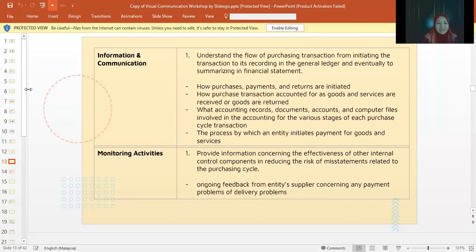In monitoring activities, management needs to provide information concerning the effectiveness of other internal control components in reducing the risk of misstatements related to the purchasing cycle, which is the purchasing process. For example, ongoing feedback from entity suppliers concerning any payment problems or delivery problems.